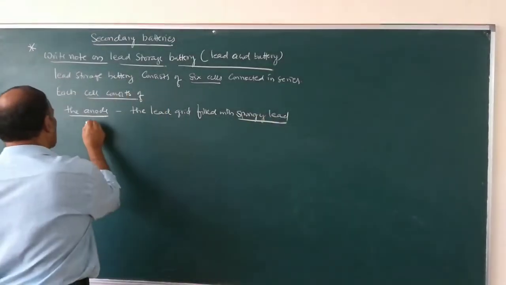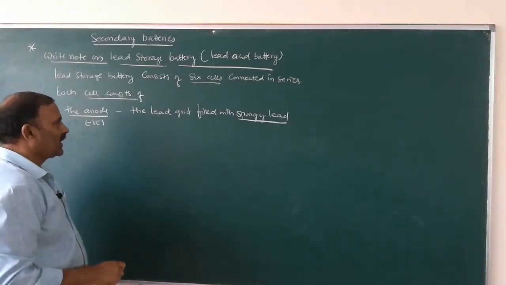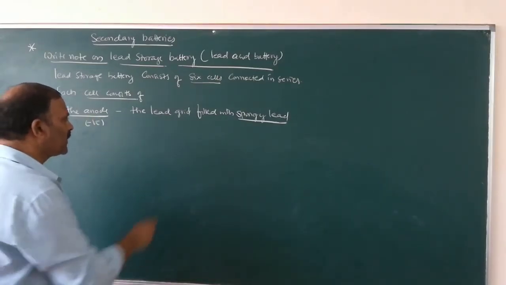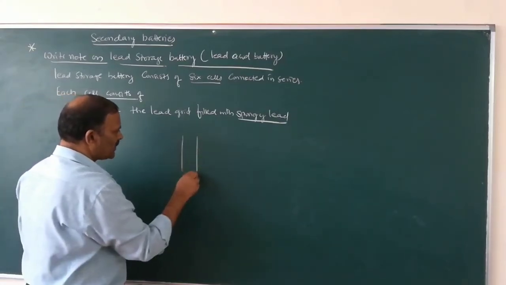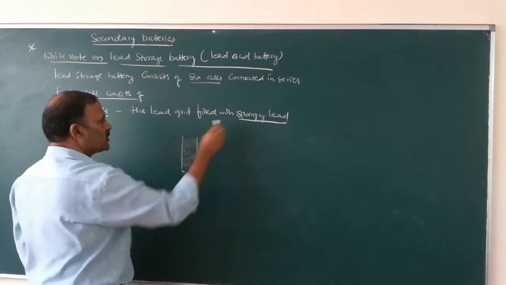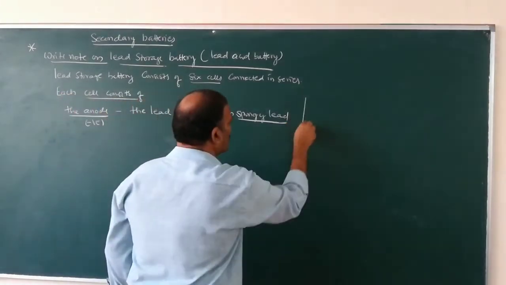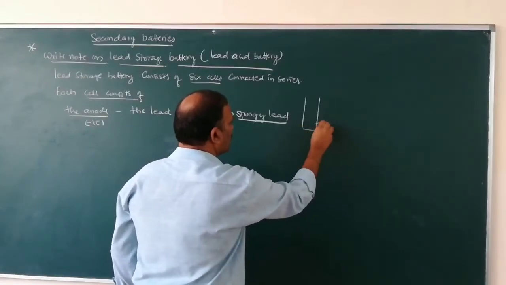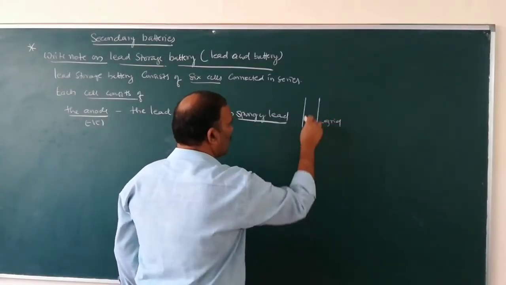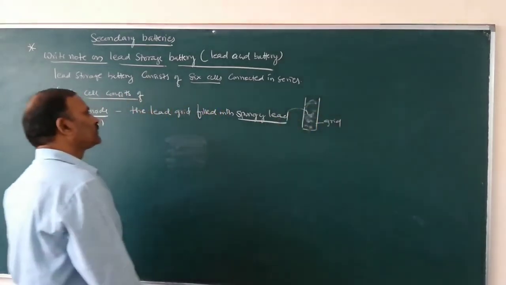So the anode, here it is negative sign. The anode is the lead grid. Grid means it is a depression like this. It is filled with spongy lead like that. So this is a grid of lead filled with spongy lead.